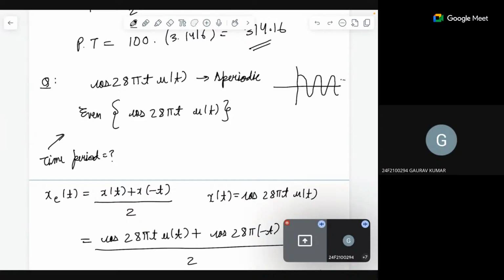The even part of the cosine function is symmetric around the y-axis. Cosine is even, but when we multiply with u of t, this is what we have. Now we want to know whether it is periodic or aperiodic. This signal is aperiodic, but this even part is periodic, and we want to calculate the time period of that.